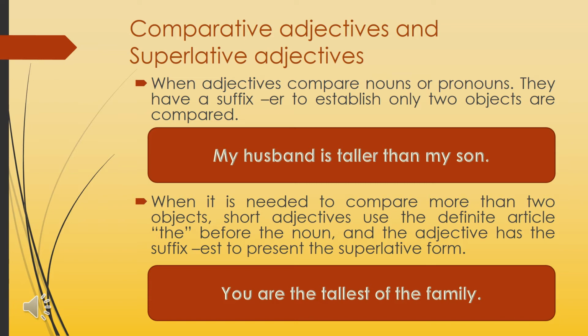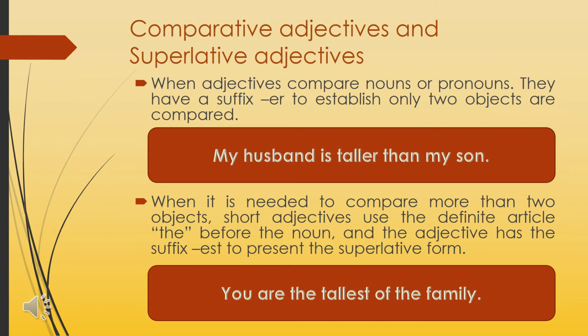Comparative adjectives help to identify between two objects, people, or ideas which is more or less according to the quality that is compared. They are usually used with the particle than after adding the suffix er. But when we have more than one object to compare, we need to identify that element that contains the mentioned characteristic more than all of the others, so it is necessary to use the superlative form.